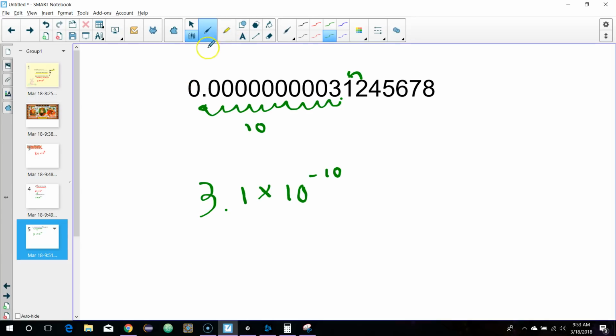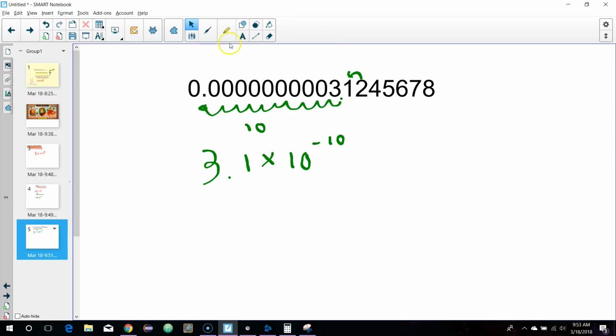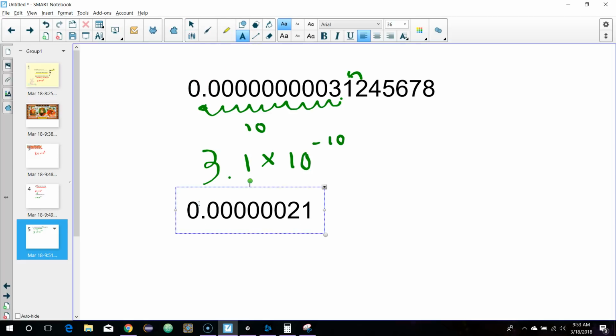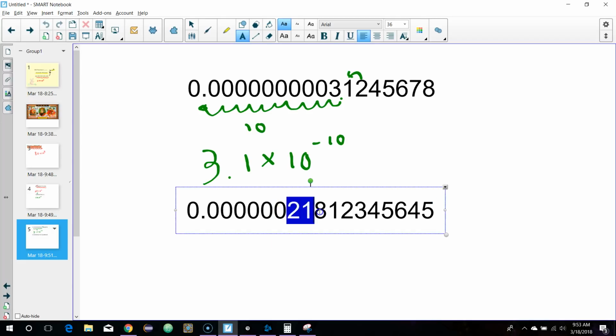Let's do another one just in case. As you can see, the small number is a little bit easier because you actually don't care about the rest of this. It's all about the first few numbers.